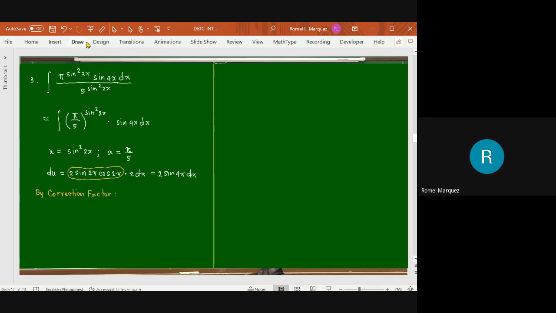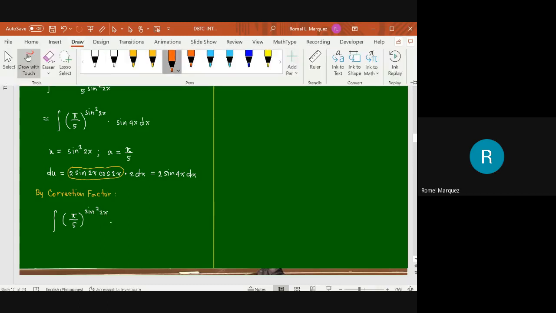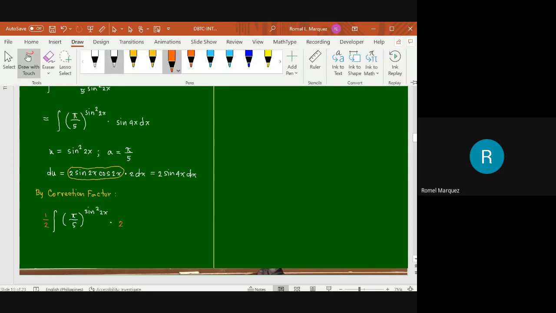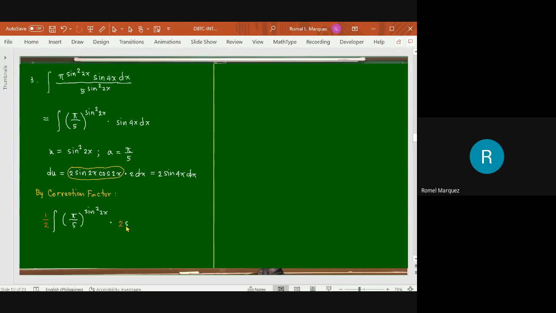So we have the integral of pi over 5 raised to sine squared of 2x, times, I'm going to multiply by 2, and then balance outside by 1/2. To compensate, remember, only constants can be introduced in and out. Then times sine 4x dx.